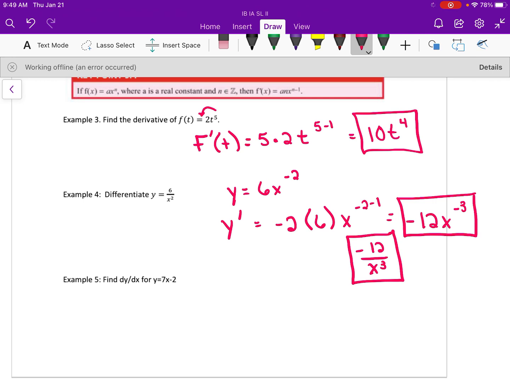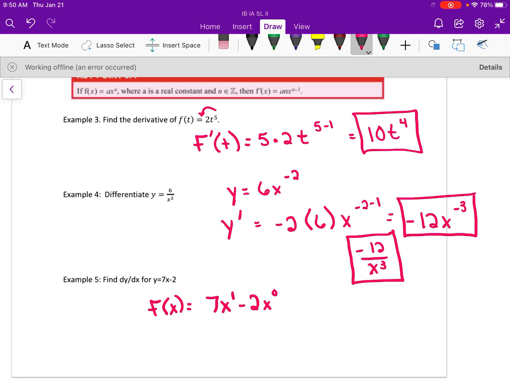Okay? Find dy dx for 7x minus 2. Okay, so something we might want to consider just looking at this, because now we have a constant. This is 7x to the first power minus 2x to the no powers. We have no x. X to the 0 is 1.